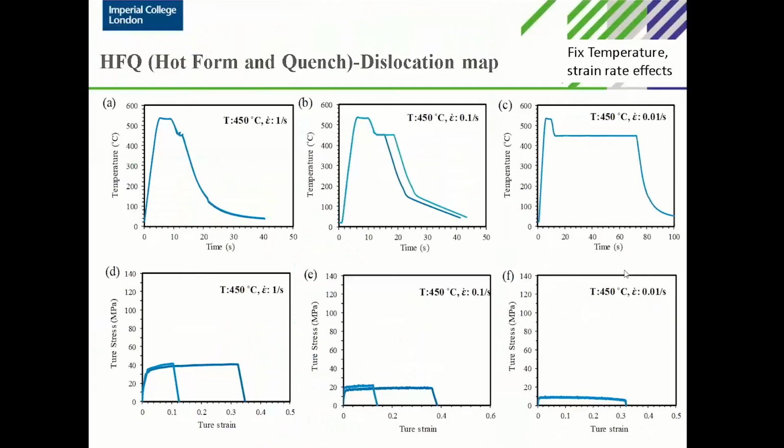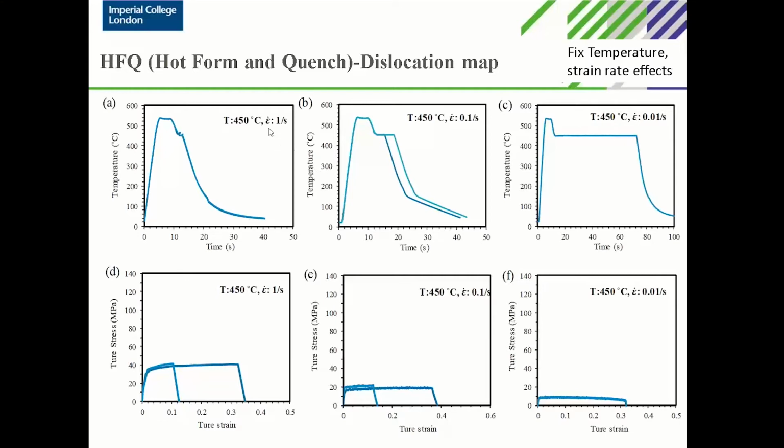So regarding the test matrix, we fix the temperature and then we look at the strain rate effects. And again, the first row is the temperature, and the second row is the stress strain curves at the different strain rates.